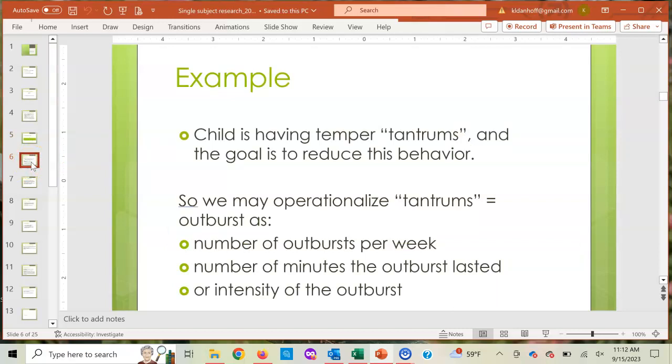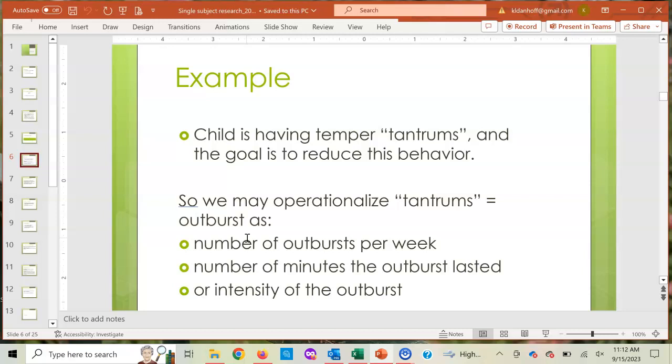So an example: a child is having temper tantrums, and the goal is to reduce those behaviors, those tantrums, those outbursts. We might want to operationalize tantrum as an outburst, and look at the number of them per week. We may want to think about the number of minutes that it lasted, or maybe we're more concerned about the intensity. We're okay if there's a release of energy in this way.